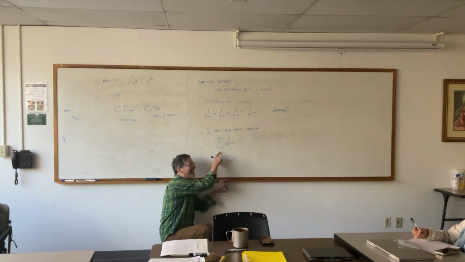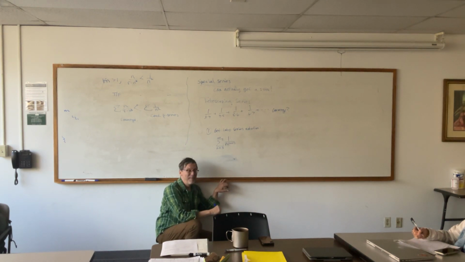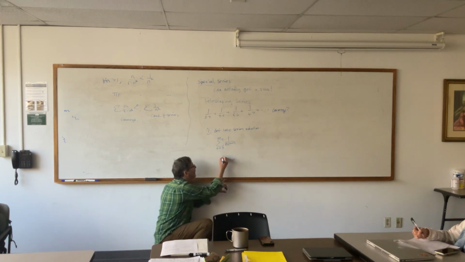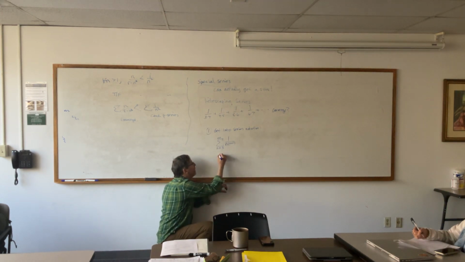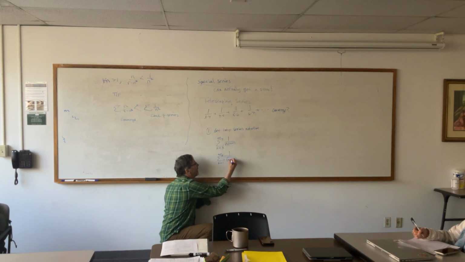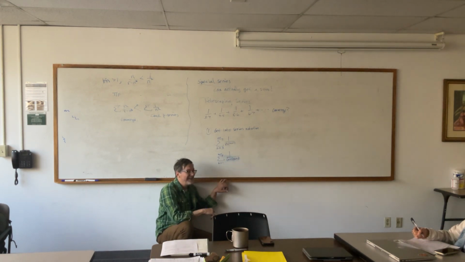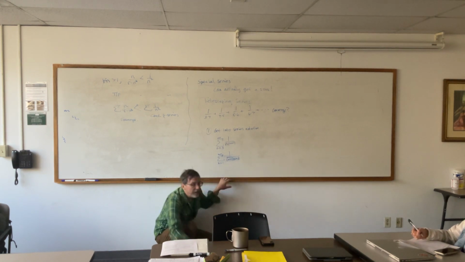Did anybody start the index at anything other than 3? What did you do, Scotty? Started at 1 and then went n plus 2 times n plus 3. I like it. Yep, that's also totally viable. You can start anywhere you want. You just have to adjust, right?